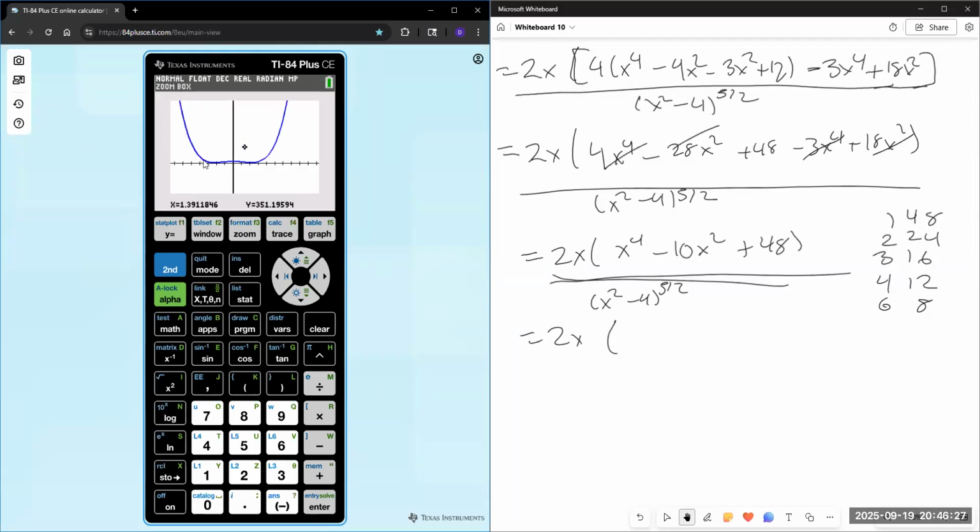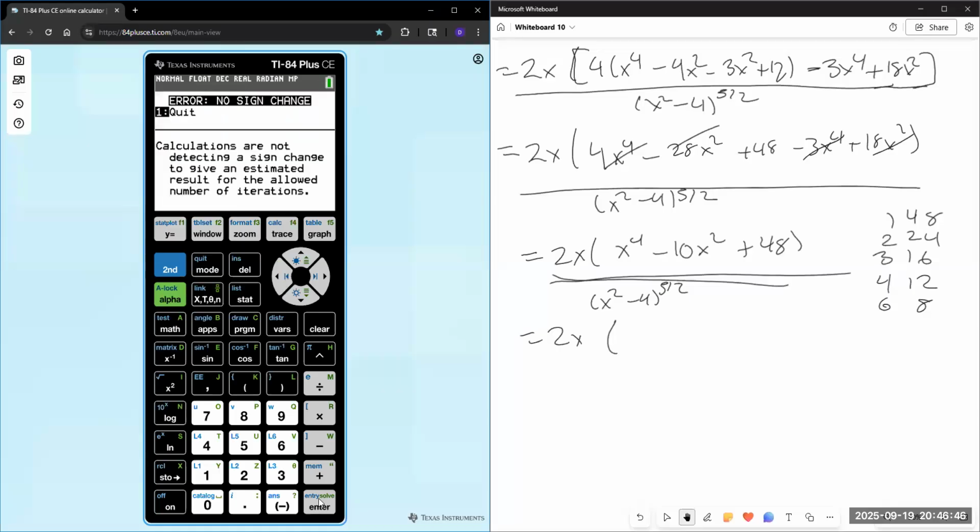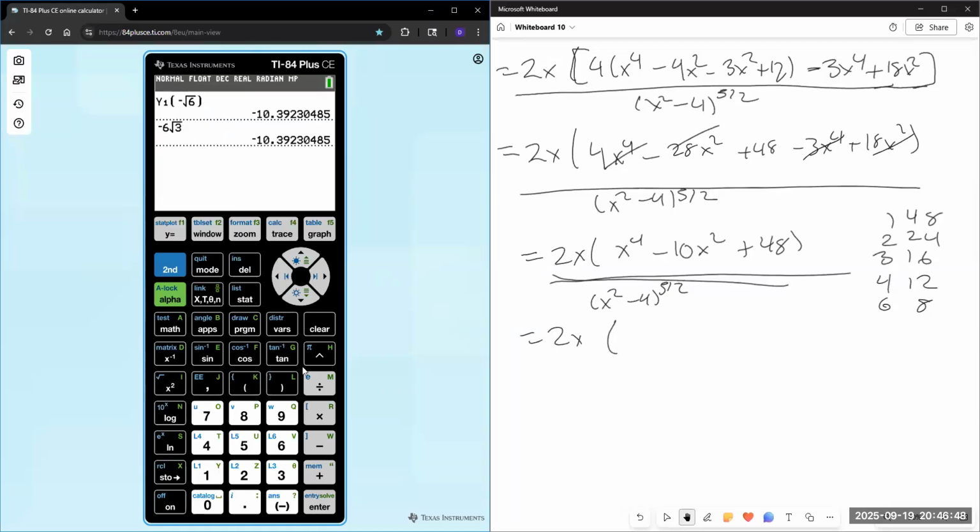Right, so it looks like it potentially crosses there and there. Let's calculate if there's a 0 there. There's not.